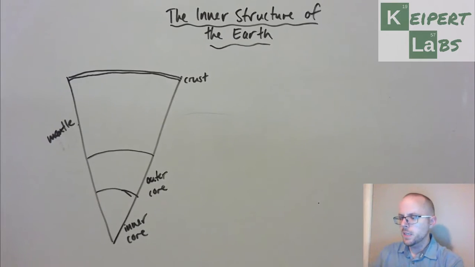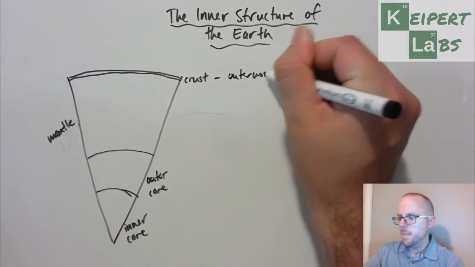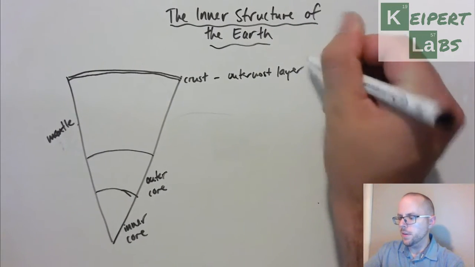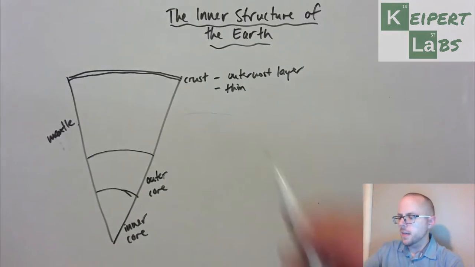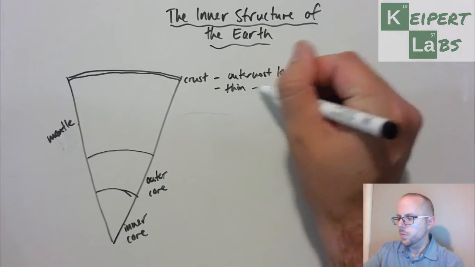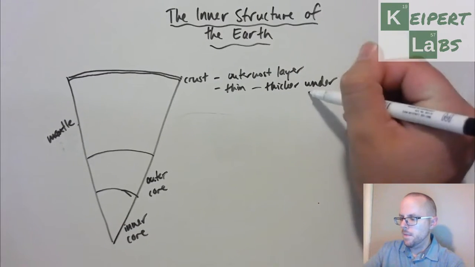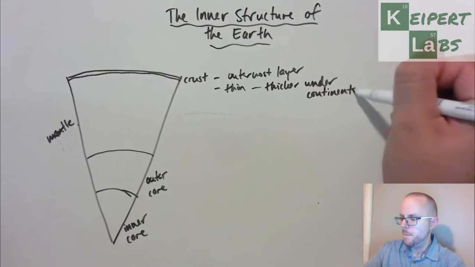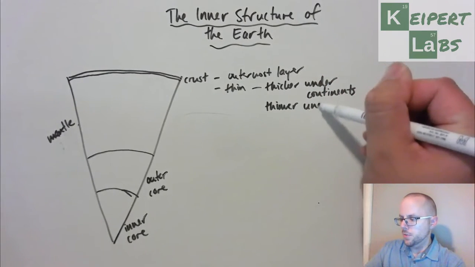Okay, so looking at the crust, it's our outermost layer. It's also very thin, and we would say it's thicker under the continents, and then thinner under the oceans.